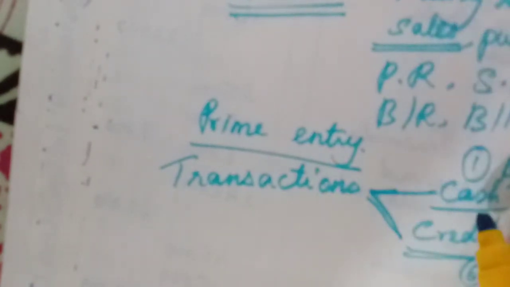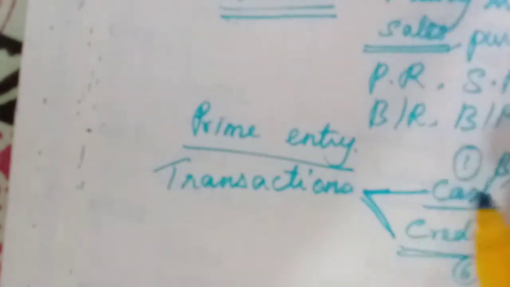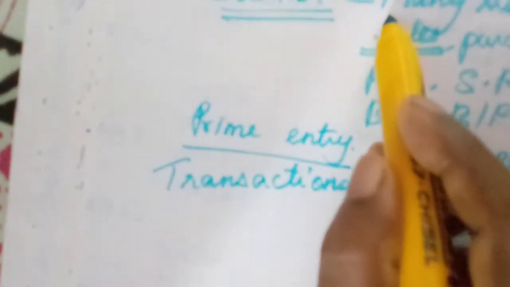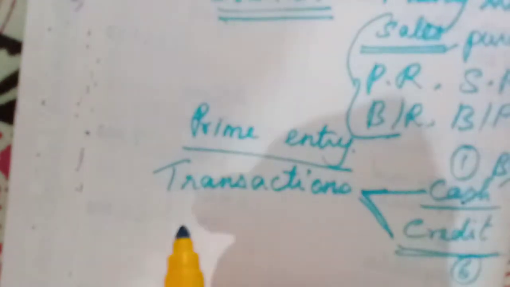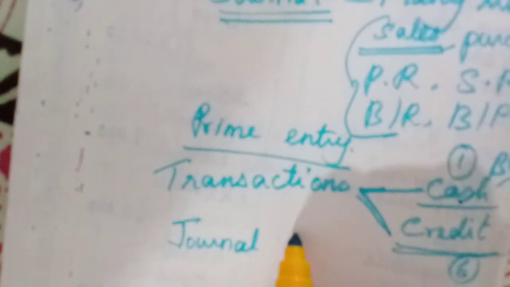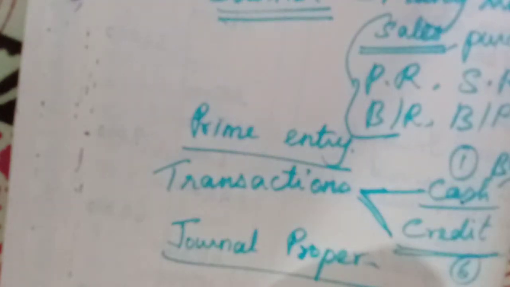If in some transactions we cannot enter either in the cash book or any of these subsidiary books, then we need to prepare one entry that is called journal proper. That we will learn at the end of this lesson.